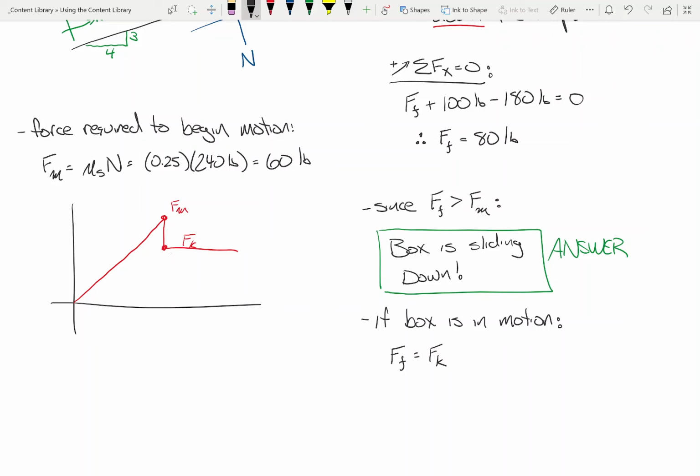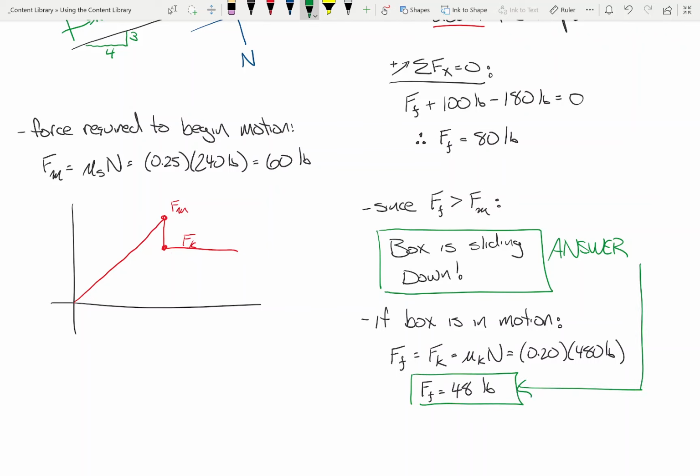We can generate the kinetic friction under motion, and that's going to be 48 pounds. Does that make sense? Okay.